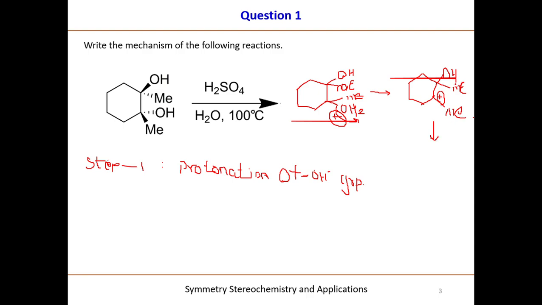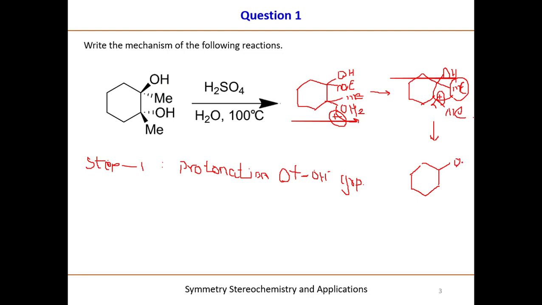So this methyl group will migrate to this carbocation carbon atom. After migration, you will observe that carbocation formation takes place on this carbon atom.